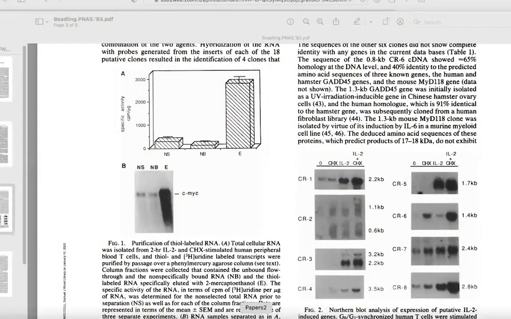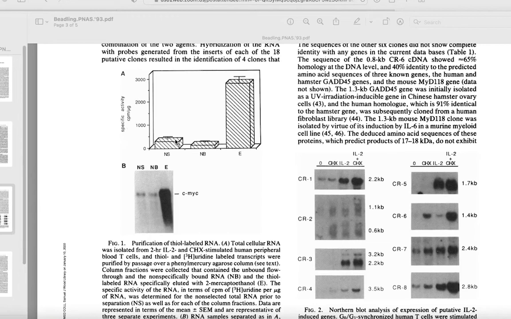Let's see, I think it's time to go to the results. So we will screen share at this stage. And this is figure 1. And it shows you what we did. We labeled the RNA with tritiated uridine.